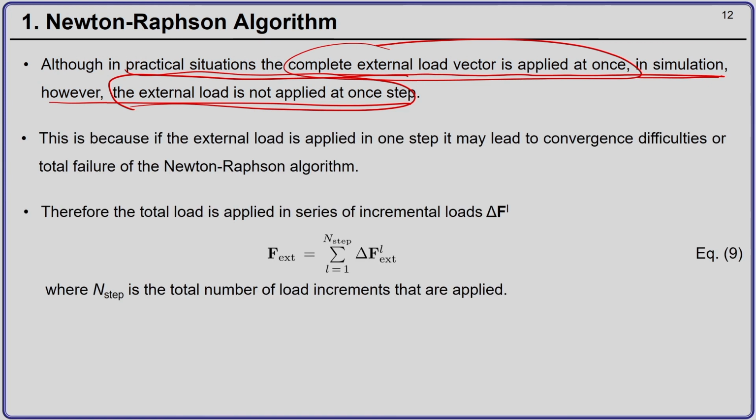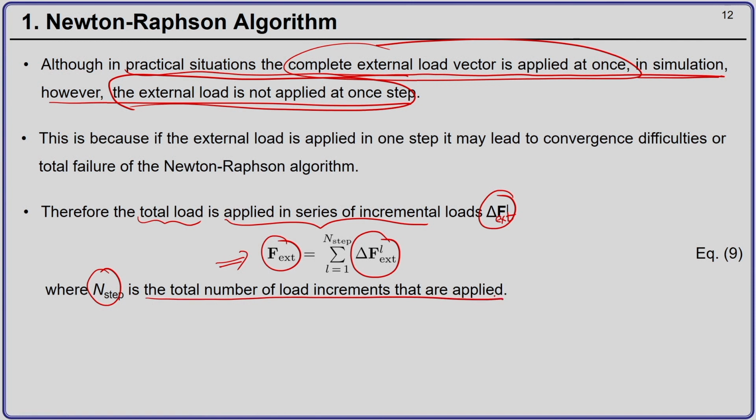So, what we do is we apply the total load in a series of increments, that is small increments delta F L. And the total load would be the sum over all the increments of this external force L. And this n step is the total number of load increments that are applied.